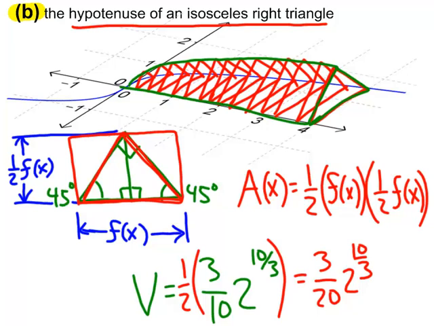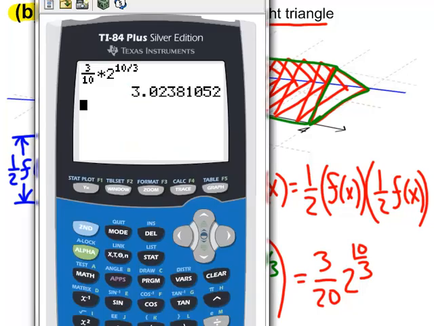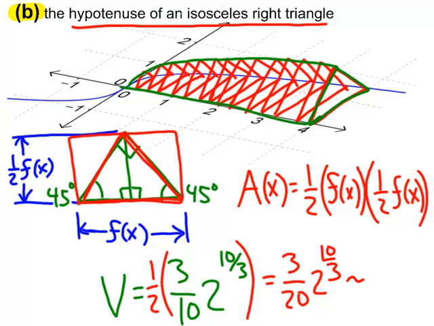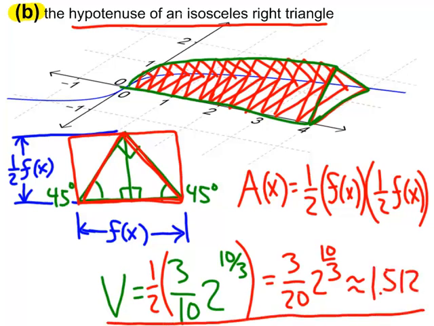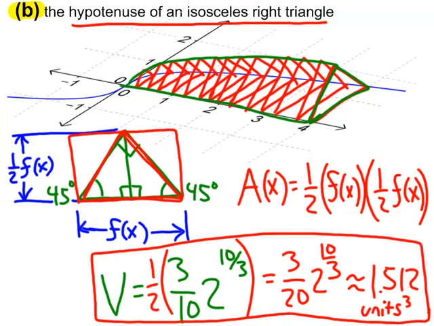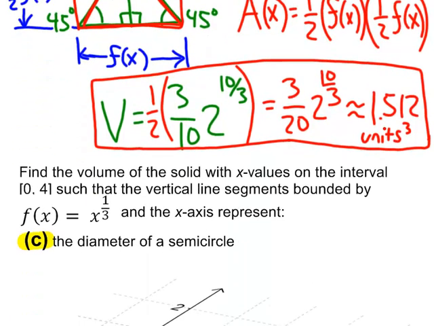And on our calculator, I've still got that previous value from part A, so I'm just going to put divide by 2, same as multiplying by 1/2. 1.512. And we'll put a box around that. Okay, hope you're starting to feel comfortable with these. Let's go on down to part C.